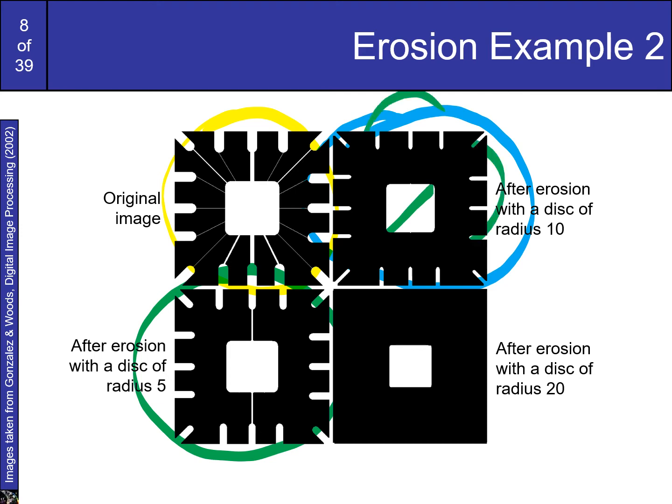The effect of erosion is much less when you use a structuring element of radius 5.